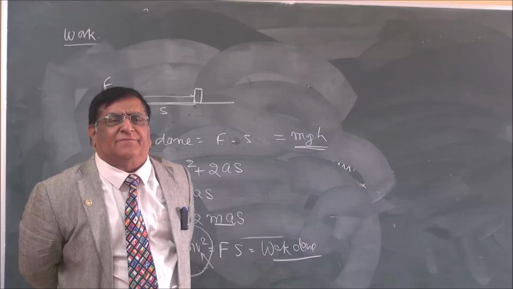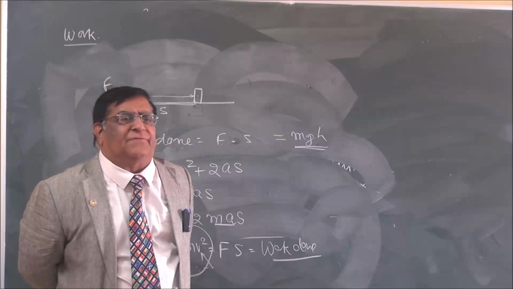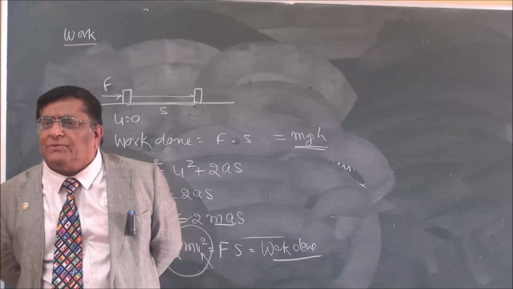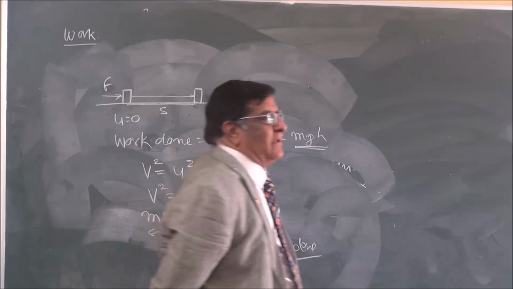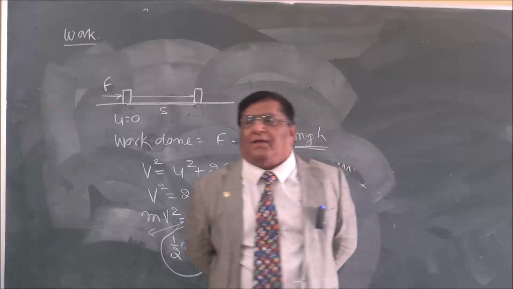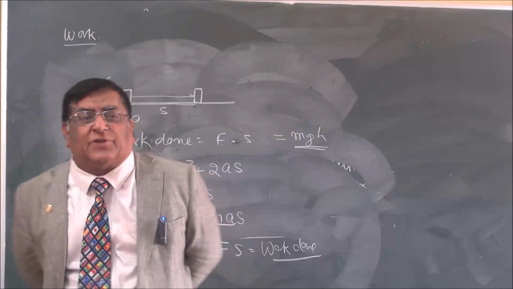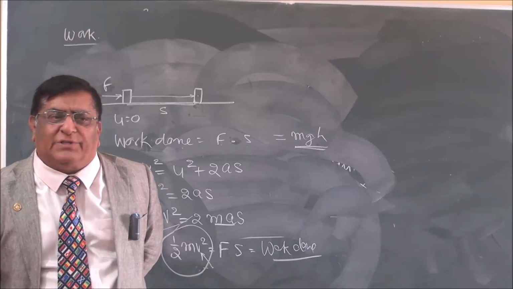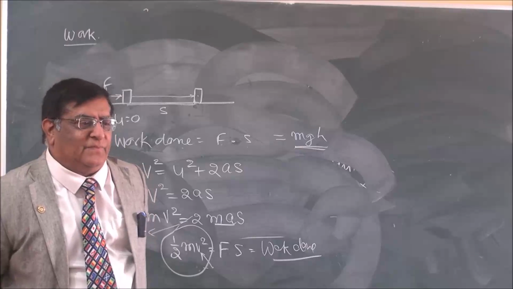If you take the difference of the two energies, before and after, then the difference of energy is equal to work done. This is the work energy theorem. So simple. What is the work energy theorem? That work done by any body is equal to the difference of energies before doing the work and after doing the work. Very simple, right?